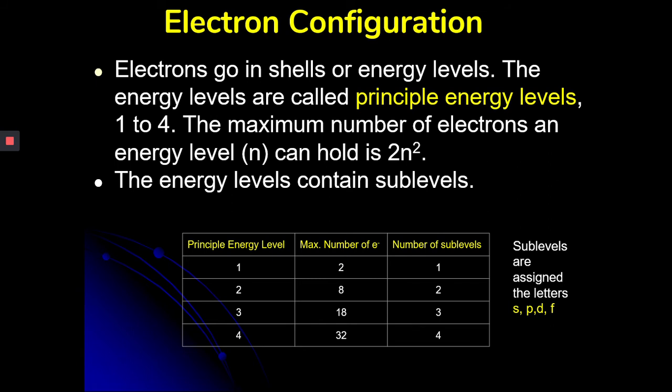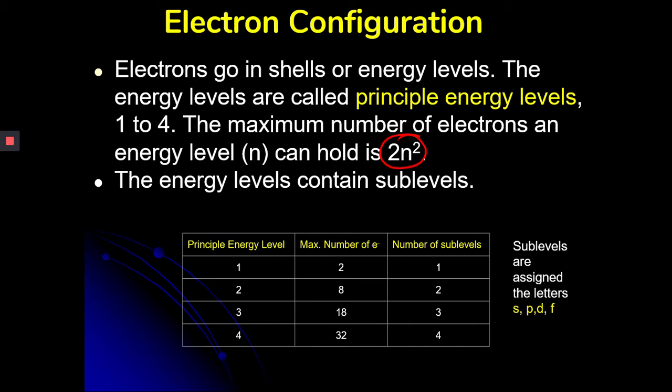Electrons go into the shells or energy levels. The energy levels are called the principal energy levels. You could say 1 to 4, but you could go above 4. Theoretically, it could go forever. The maximum number of electrons that each energy level can hold is 2n squared. It might be useful to remember that little formula where n represents any of the energy levels.